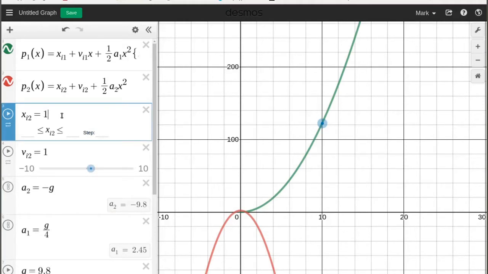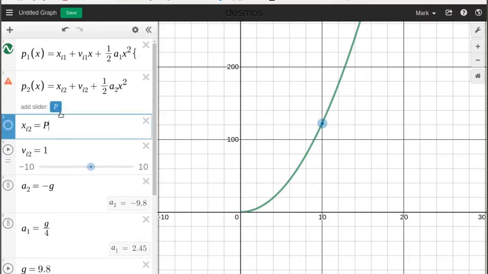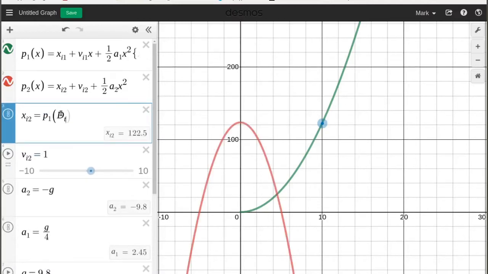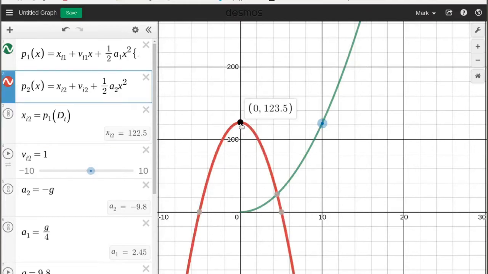I can get that by plugging in the value of delta t into that original function for the position. So I'm going to say x initial is p1 of delta t. Aha! That's cool. So that made it rise up. So the initial position is the right value.